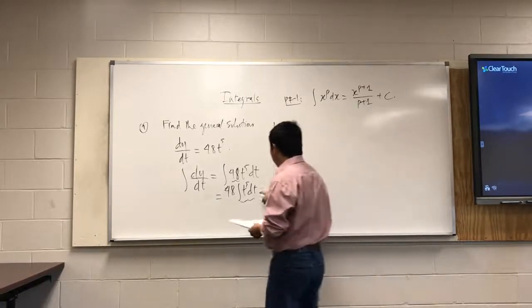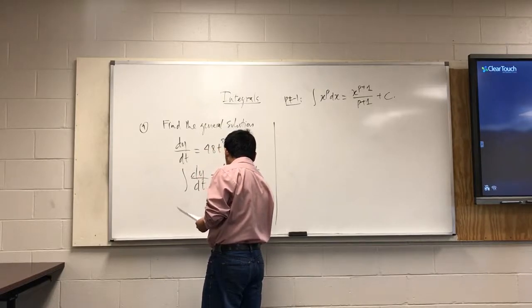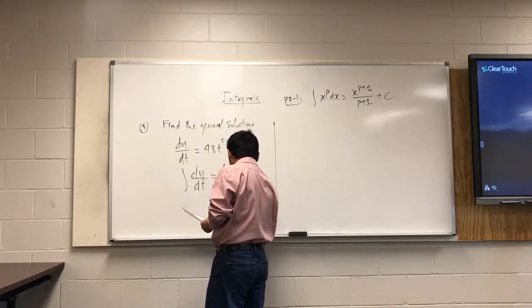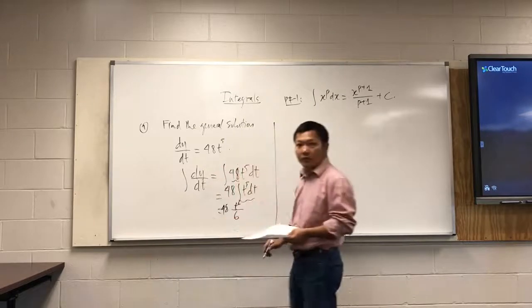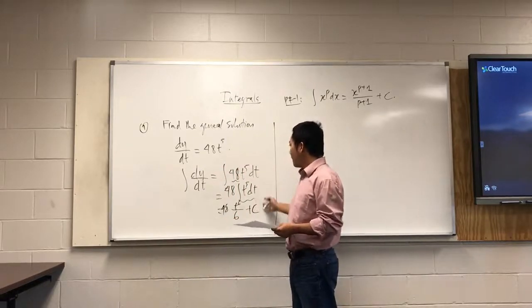If we apply the power rule for this integral, we get 48t to the 6 over 6, plus a constant, on the right hand side.